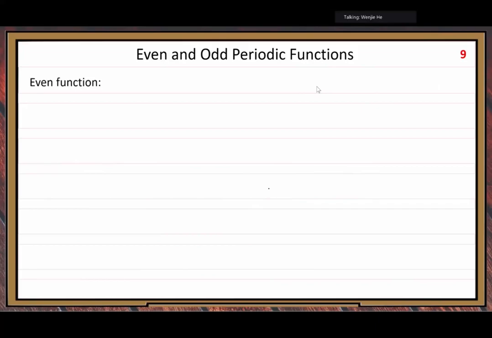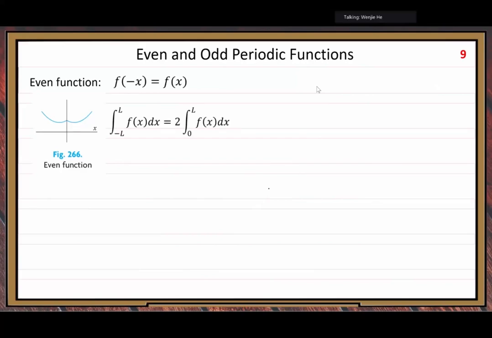For an even function, I already explained, that's the definition of the even function. Because the function is symmetric, how can we see this? The integral is double, because remember, the meaning of the integral is the area below the curve, right?